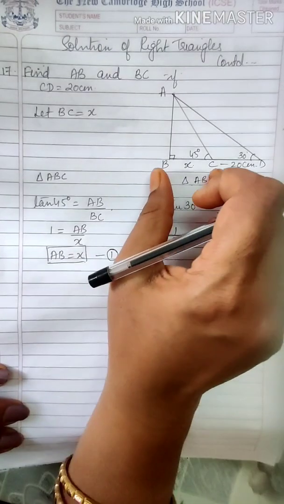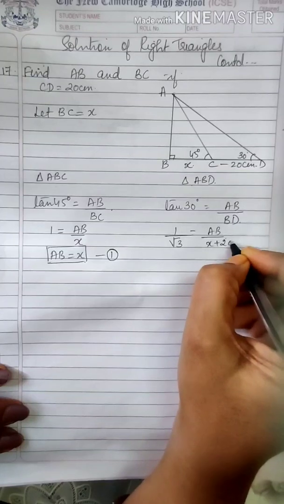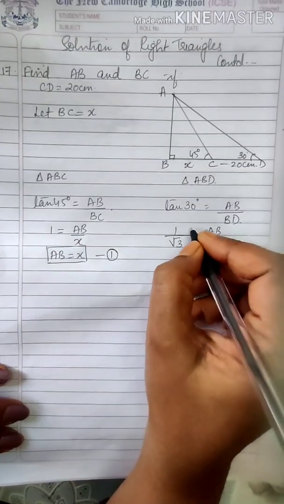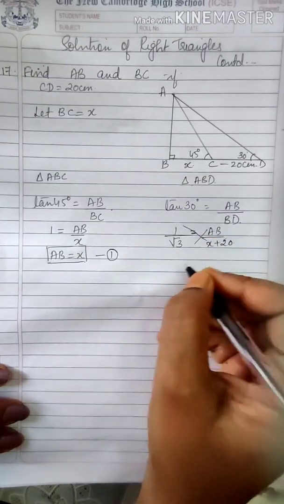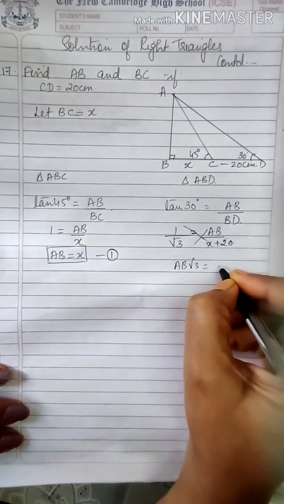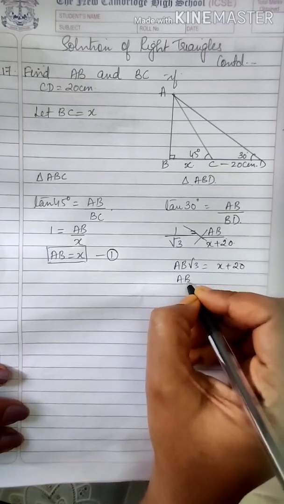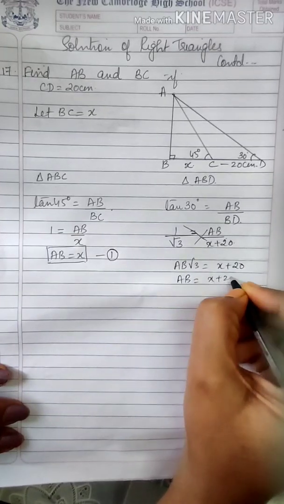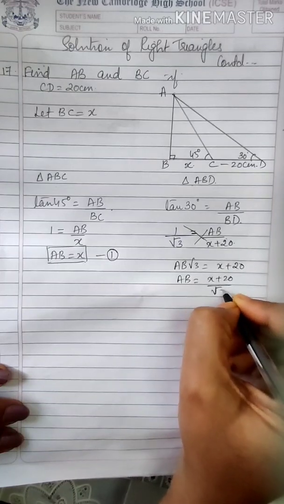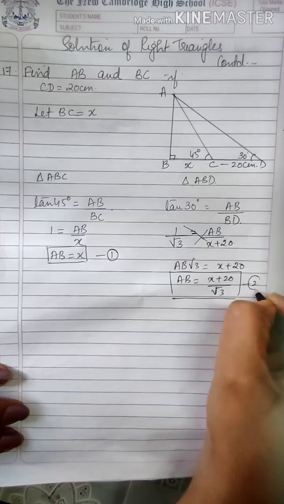BD is actually BC plus CD, that is X plus 20. So doing the cross multiplication, you get AB root 3 is equal to X plus 20, or AB is equal to X plus 20 upon root 3. So here you get your second equation.